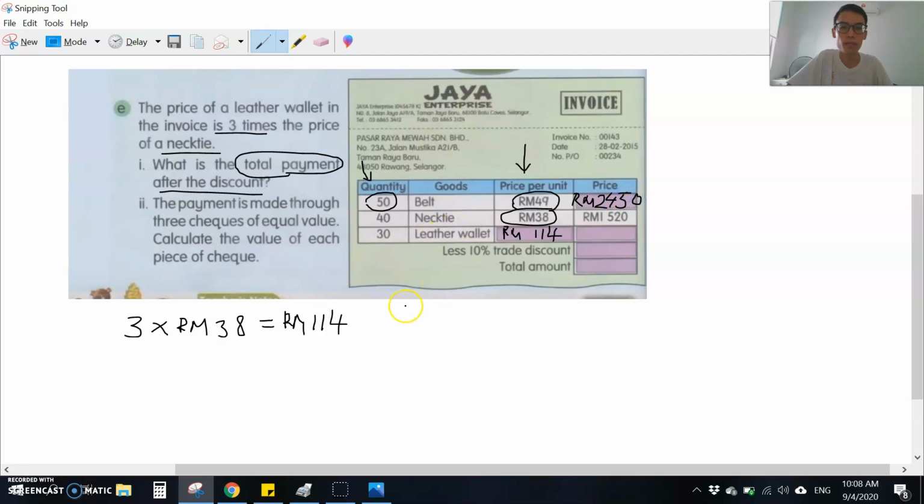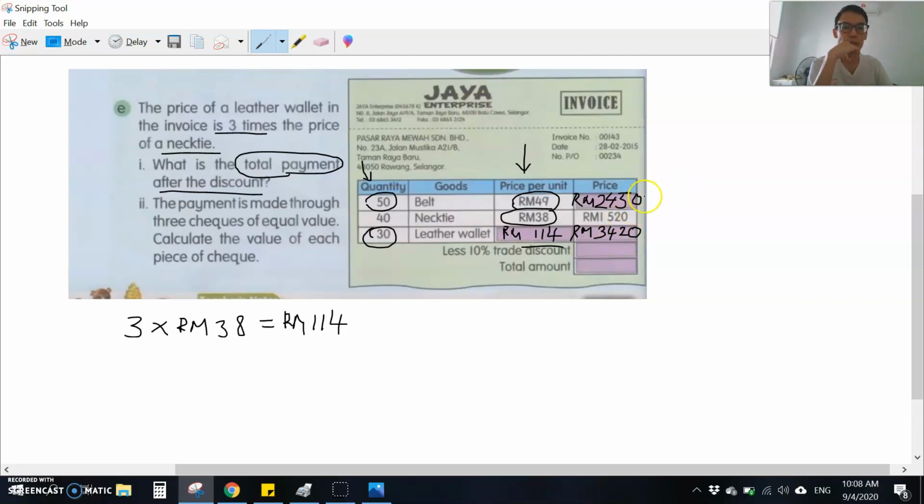And then for wallet, 30 times 114. 30 darab 114, you get 3,420.